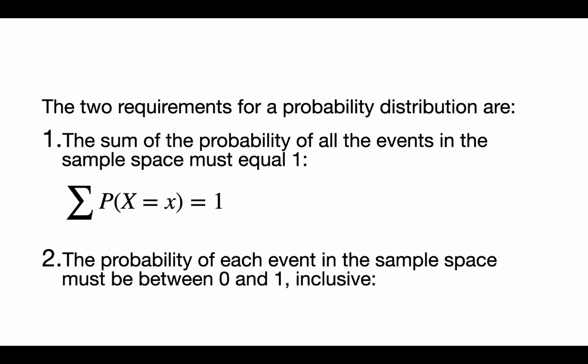The requirements for the distribution, these should be familiar, are that the sum of the probabilities must be 1 and that the probabilities also have to live between 0 and 1. We can't have anything bigger than 1, and we cannot have any negative numbers.